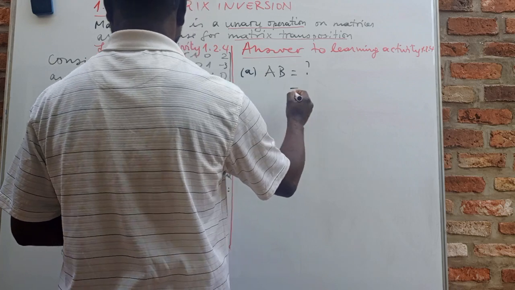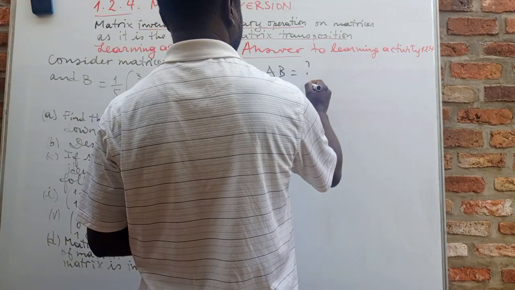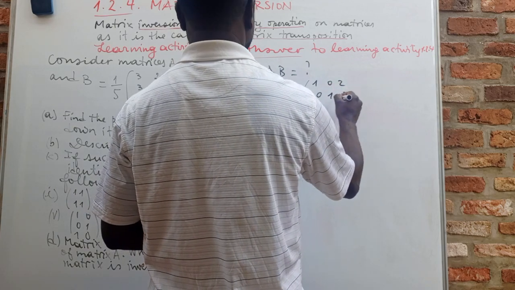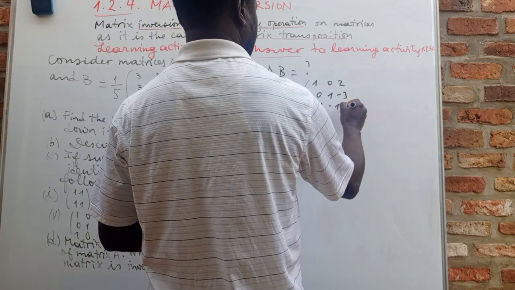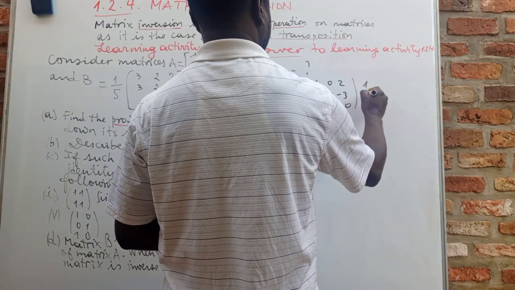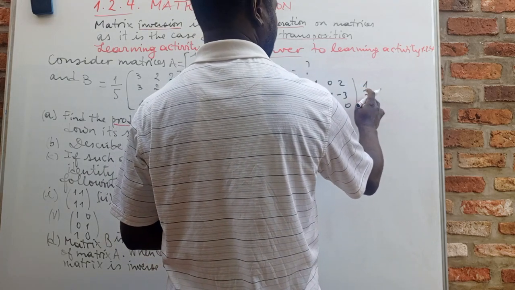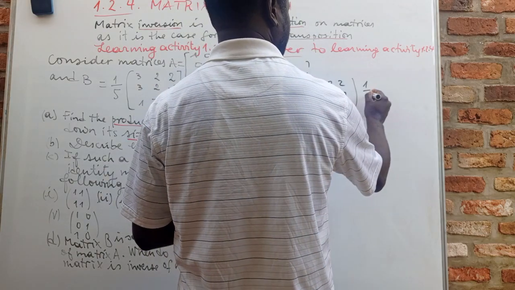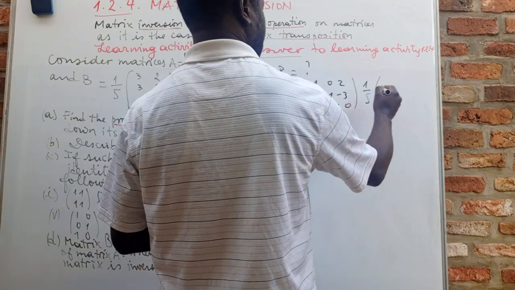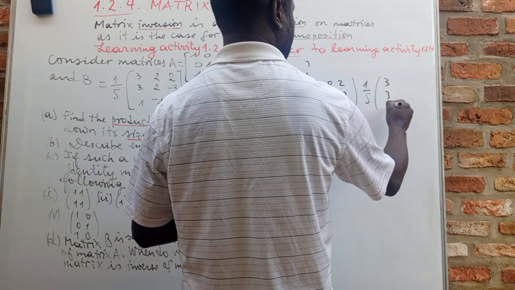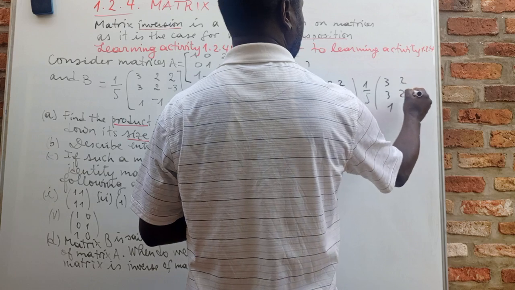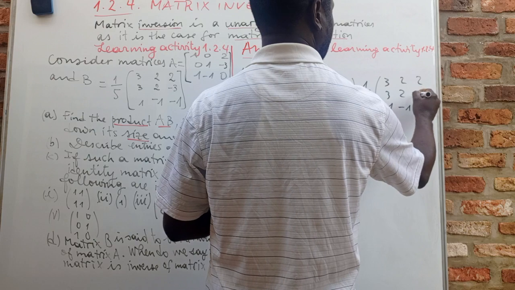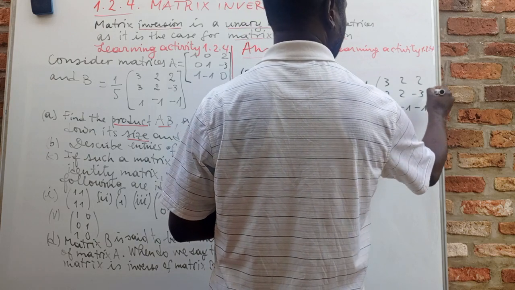So let us write down 1 0 2, 0 1 negative 3, 1 negative 1 0, times 1 fifth, times 3 3 1, 2 2 negative 1, and then 2 negative 3 negative 1.